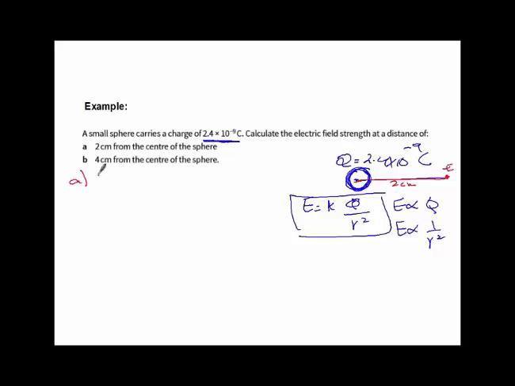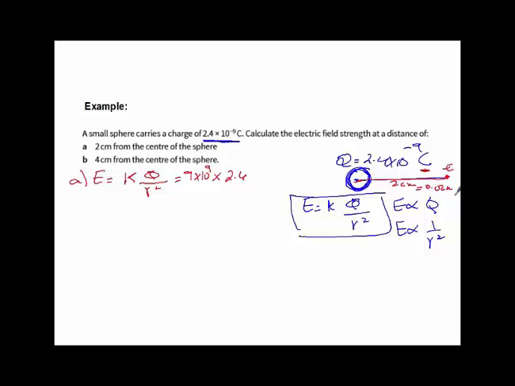So applying our formula, E equals K Q over R squared. What do we get here? K is the 9 times 10 to the 9 constant. Our Q is 2.4. We should make sure that we are using SI units. This is coulomb. This is centimeter, and it should be divided by 100, so 0.02 meters.